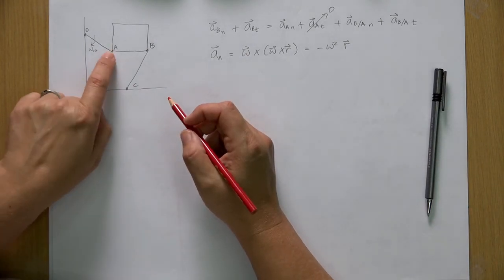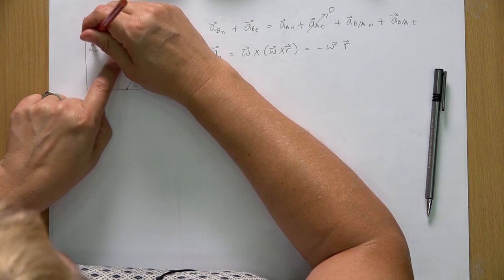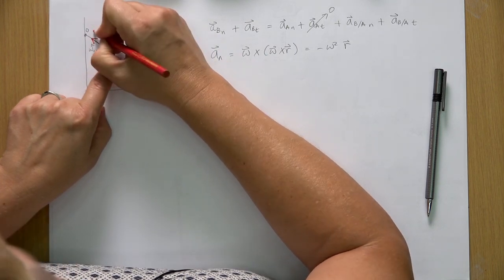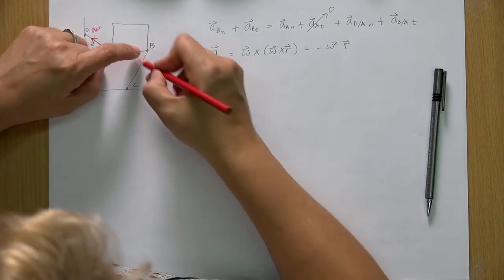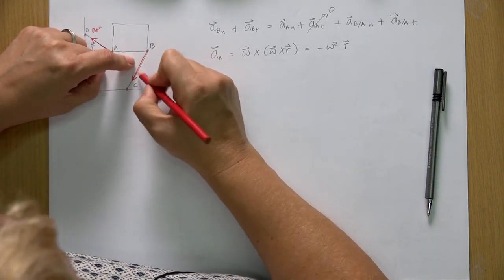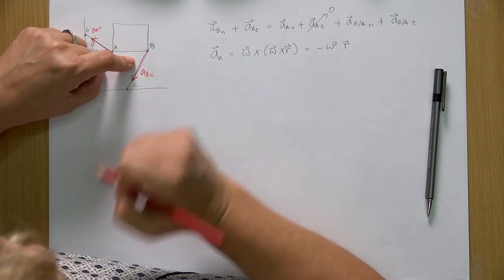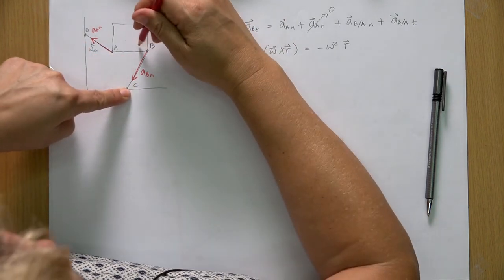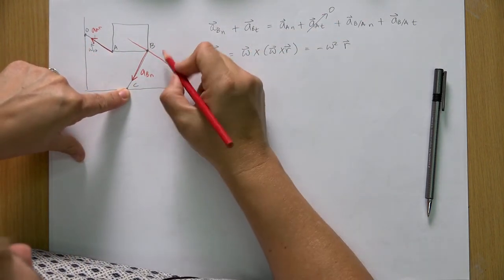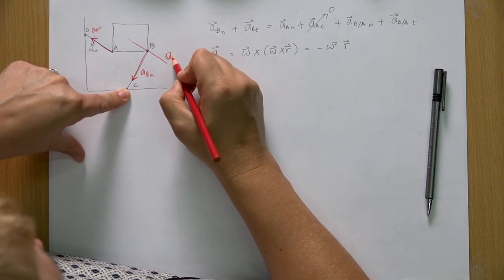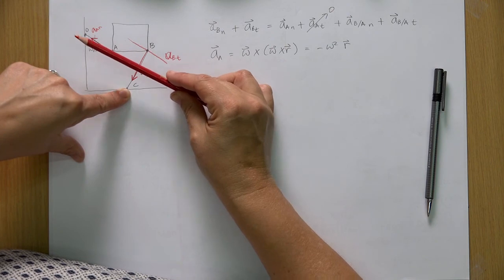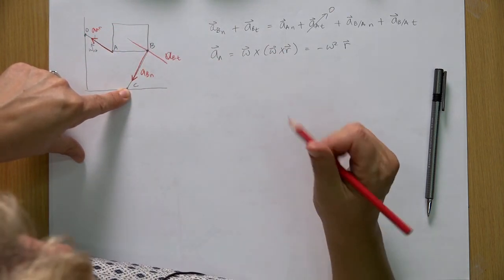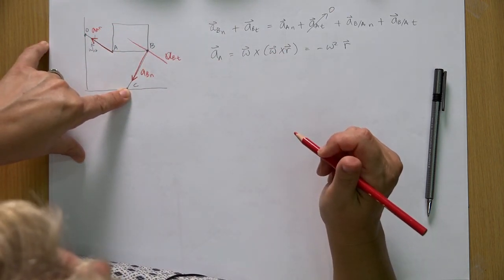So AA normal points from A to O. AB normal points from B to C. AB tangential is in the same direction as VB. We don't know whether it will be going up or going down until we know the sign of alpha BC.